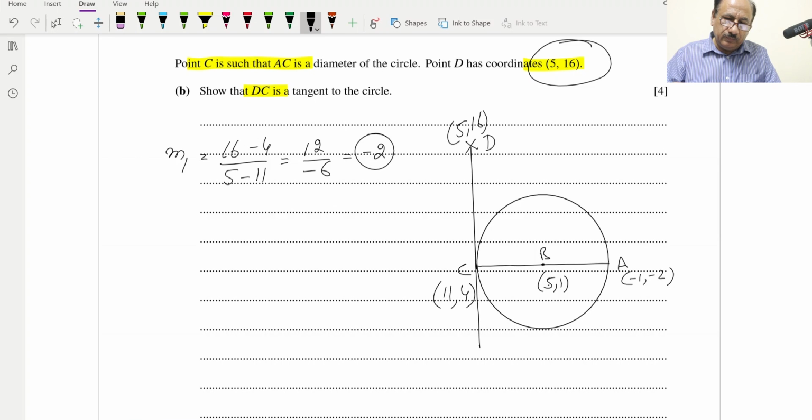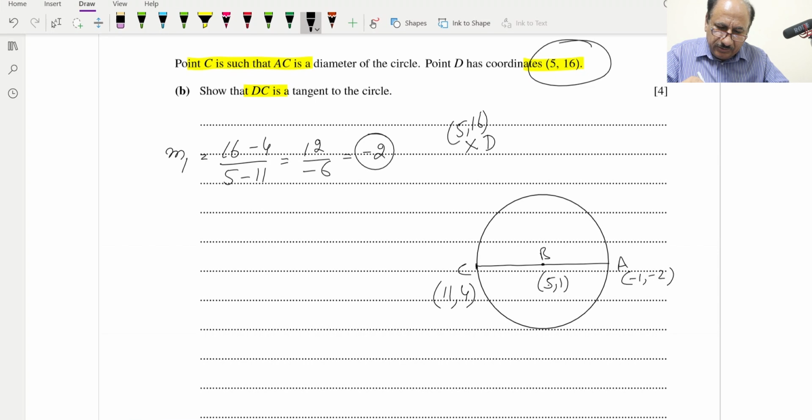Now we can find the gradient of the other side. We can extend this a little, so we can find the gradient at this point. There is another point over here, which is the point E, and it will have coordinates. If we draw the exact drawing as required, we will be reducing this.